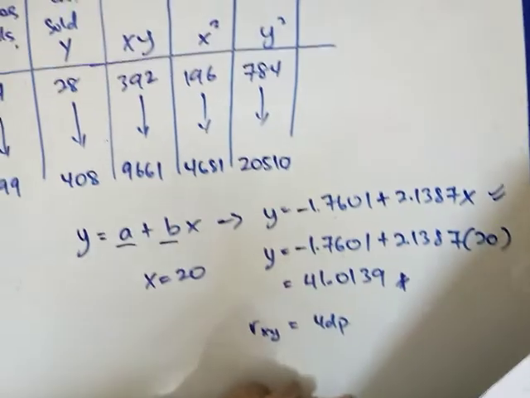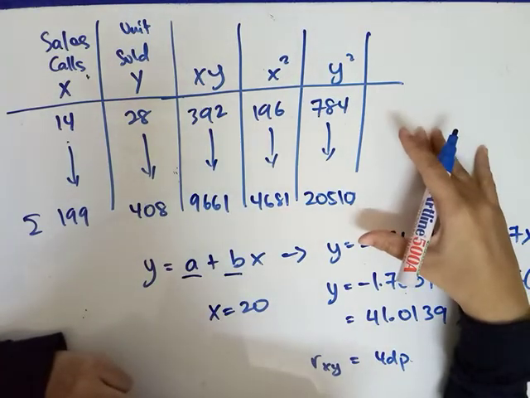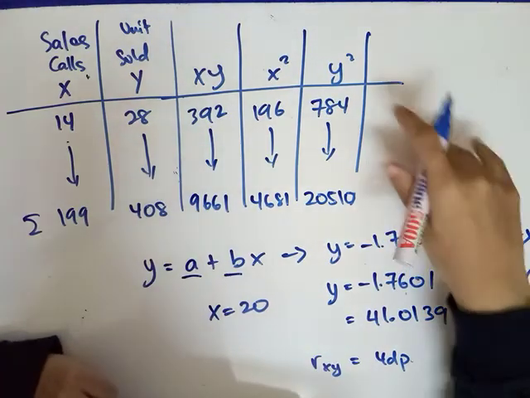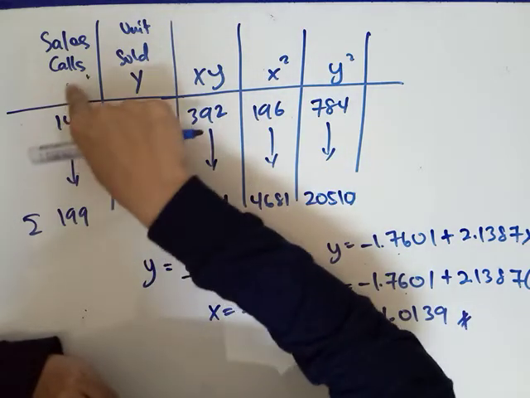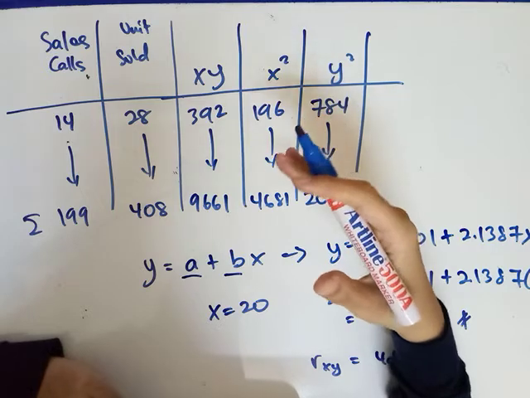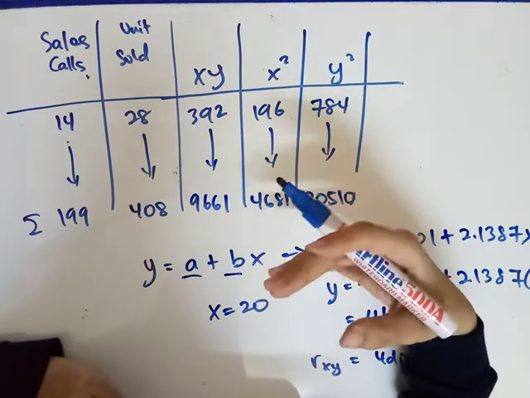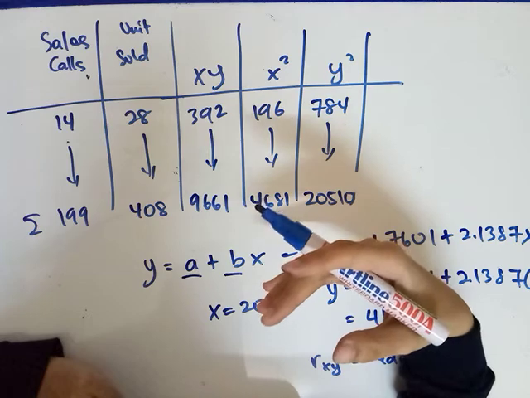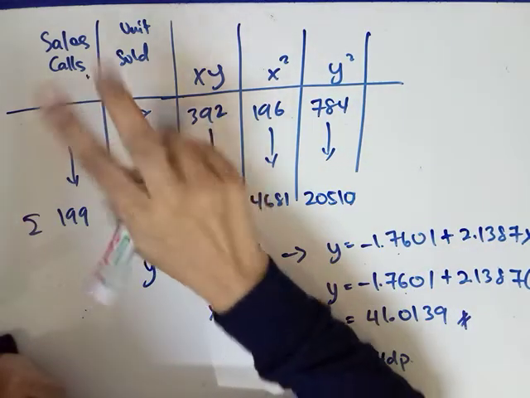And then, make sure, ni saya nak tekankan kat sini. Sometimes dia bagi statements, dia tak letkan X and Y. So, you have to determine which one is the independent, which one is the dependent variable.